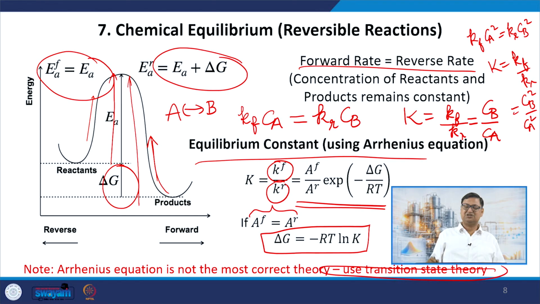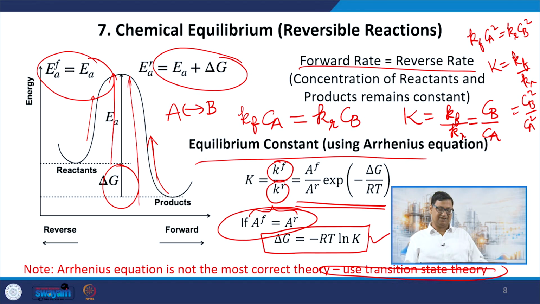The better theory, I would say, is the transition state theory, and if you use that, you will not have to make an assumption like this. But this equation is more standard. It is used a lot: delta G is equal to minus RT ln K. That is fine, but the derivation that we did based on the Arrhenius equation is not completely correct. It required this particular assumption, AF equal to AR.